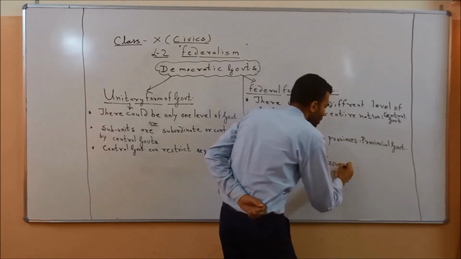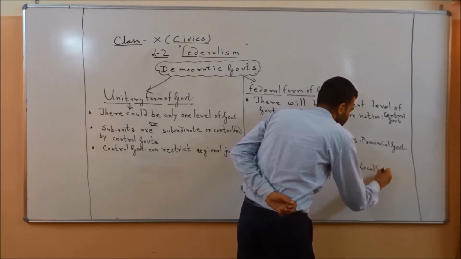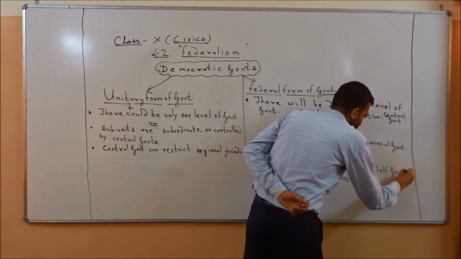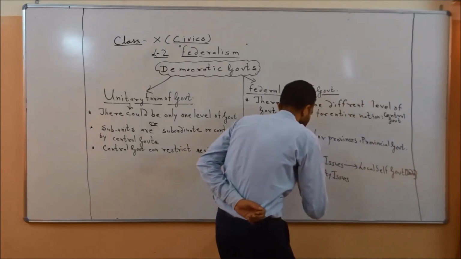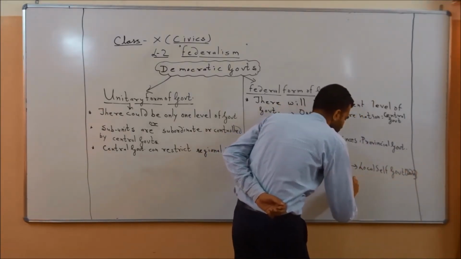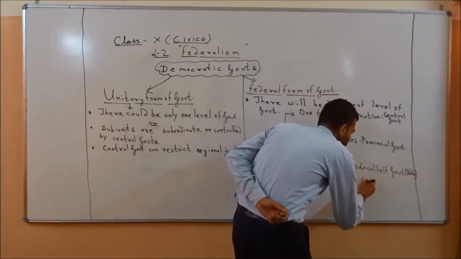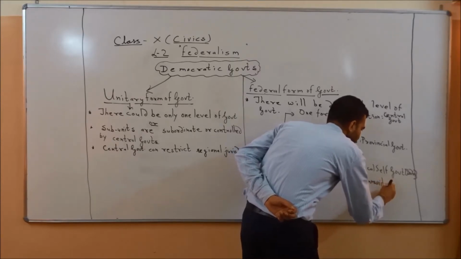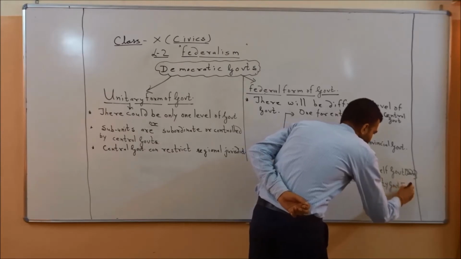In India's case, it is local self-government. It is specific to India. You know, Panchayat and all, Panchayati Raj and all. In Belgium's case, it is specific to the community issues, community government. It is Belgium's case.